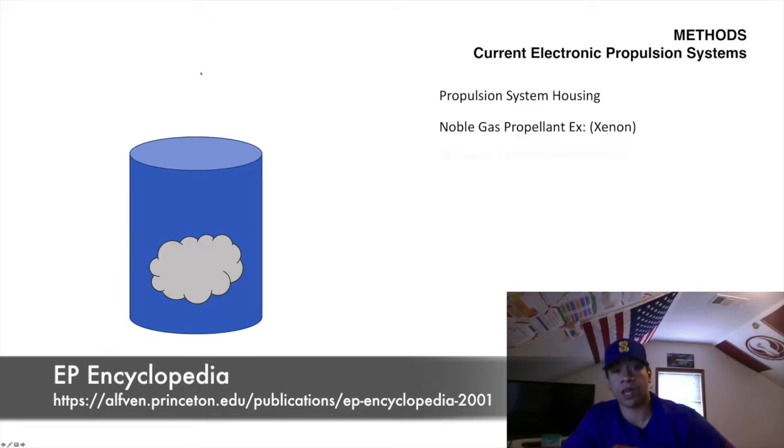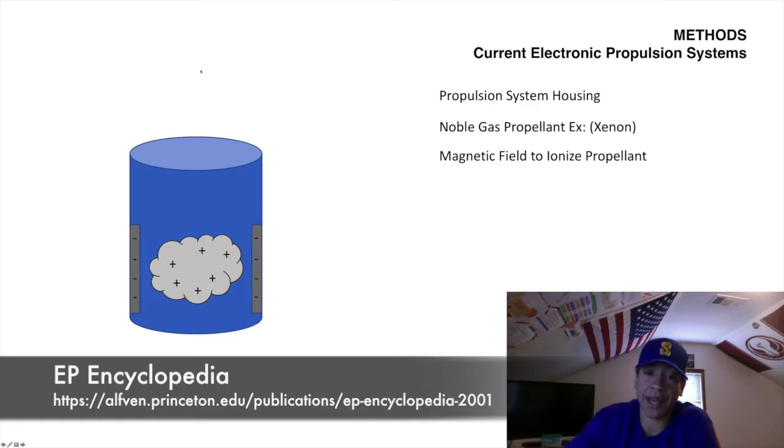And then a magnetic field, which is used to ionize the propellant. Basically, then you have a magnetic cloud, and like any other ferrofluid or magnetic powder or iron flake, a gas cloud is going to be attracted or repulsed by a magnetic field.